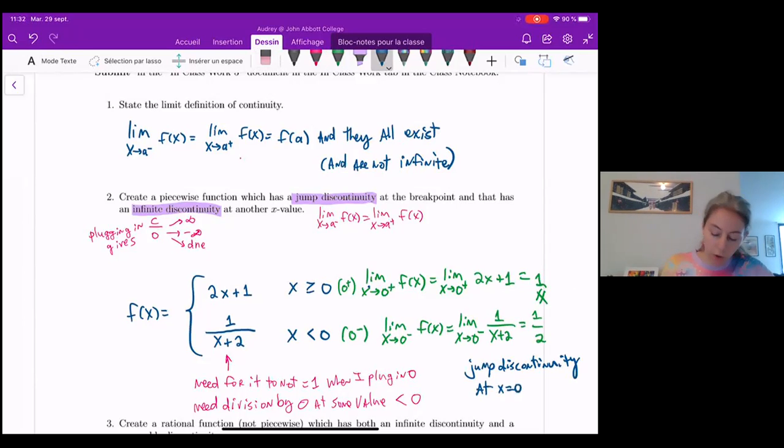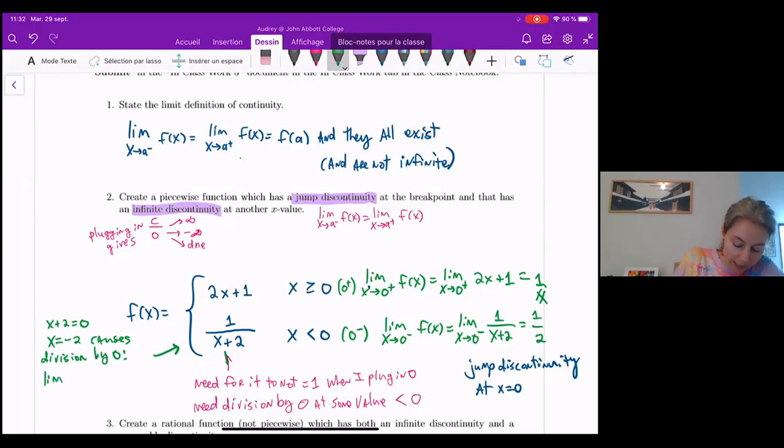And we said that we also want an infinite discontinuity. We cause division by 0 there, so x is equal to negative 2. Causes division by 0. The limit as x approaches negative 2 of f of x, well, negative 2 is indeed less than 0, so that's the limit as x approaches negative 2 of 1 over x plus 2, and I get 1 over 0.